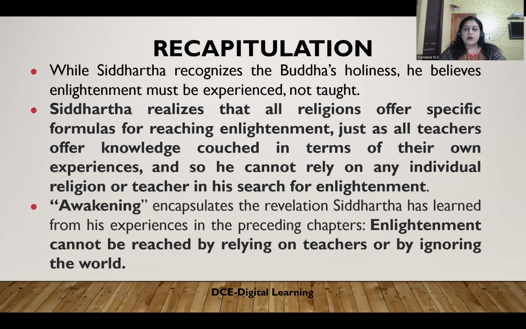Siddhartha realizes that all religions offer specific formulas for reaching enlightenment, just as all teachers offer knowledge couched in terms of their own experiences. And so he cannot rely on any individual religion or teacher in his search for enlightenment. So at the end of part A, the 4th chapter, Awakening, encapsulates the revelation Siddhartha has learned from his experiences in the preceding chapters: enlightenment cannot be reached by relying on teachers or by ignoring the world.